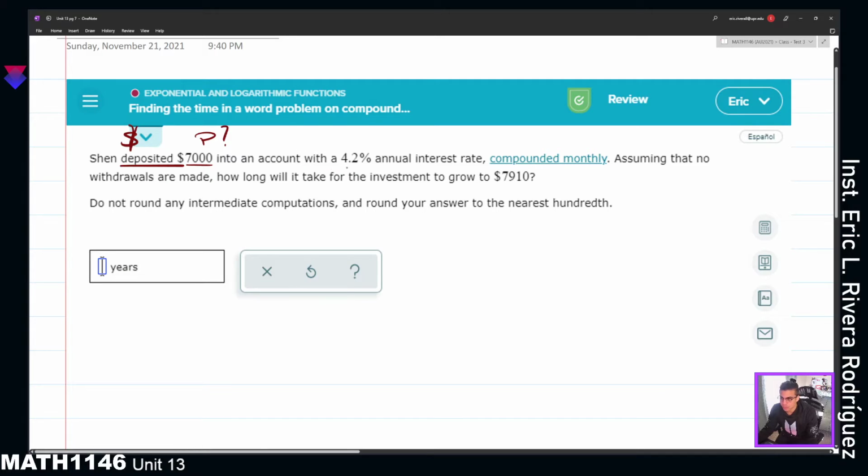Into an account of 4.2% annual interest rate. So r, in decimal representation, is equal to 0.042. Okay. Compounded monthly.